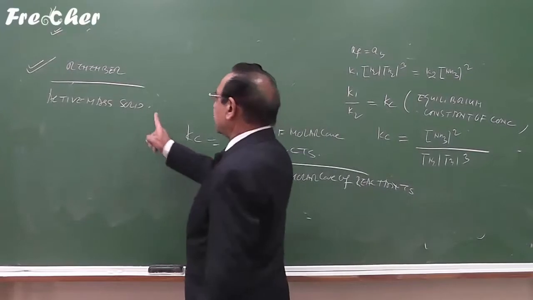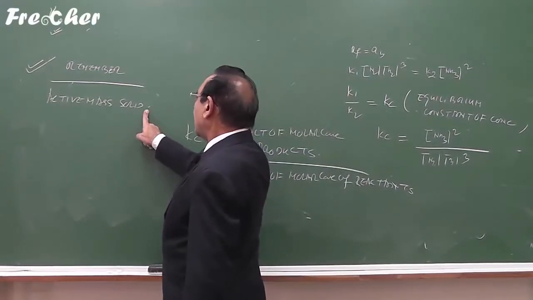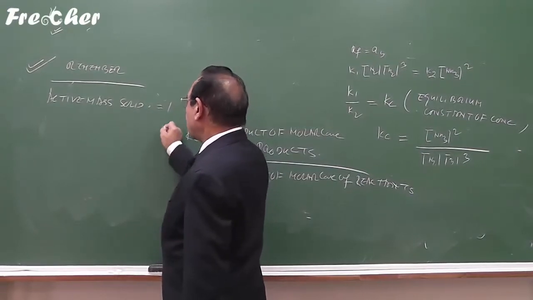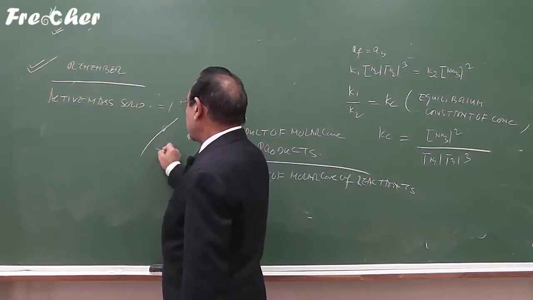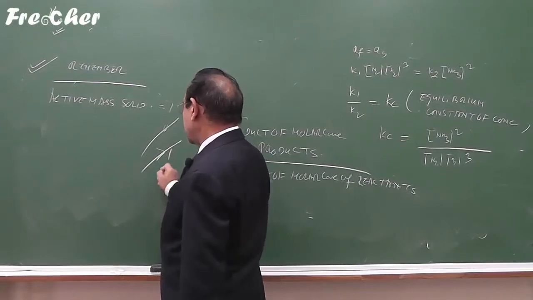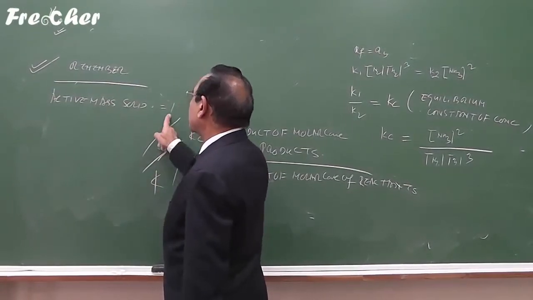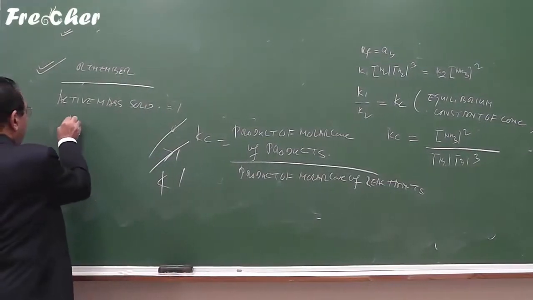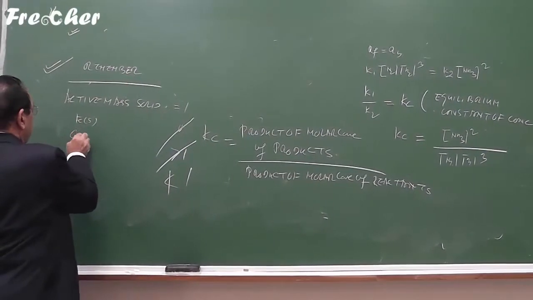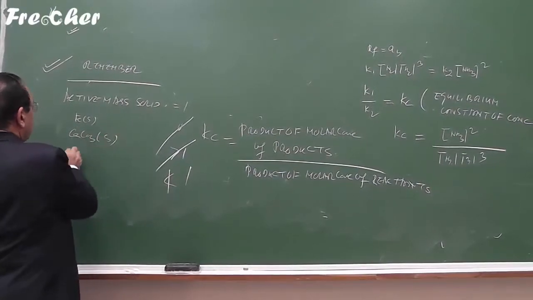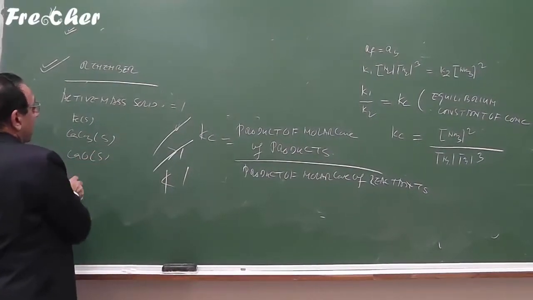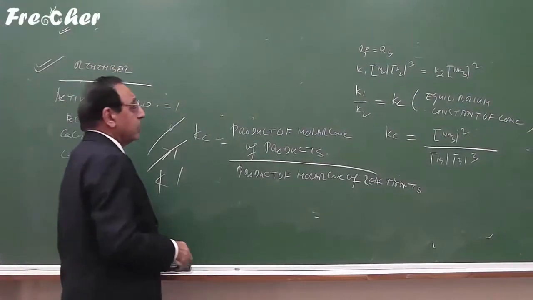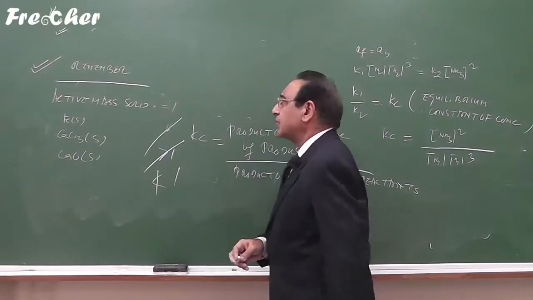So I will take the active mass of calcium carbonate solid as 1. You cannot take it 0. You cannot take it greater than 1. You cannot take it less than 1. Solids, like Fe solid, calcium carbonate solid, calcium oxide solid. Anywhere solid is given to you, you do not put it in the expressions. What do you mean by that, not put in the expression?